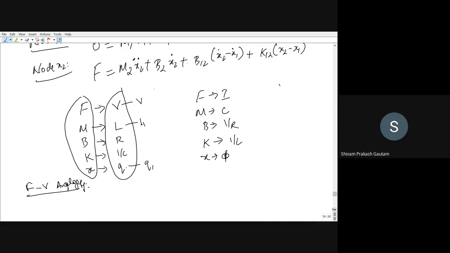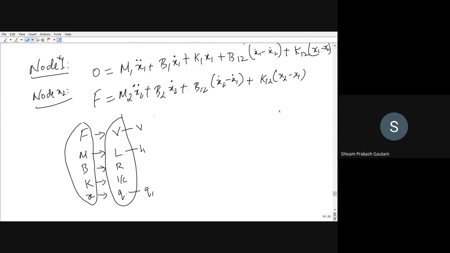I'm writing it here. Now just see, I will be applying the force-voltage analogy at equation 1 and equation 2.